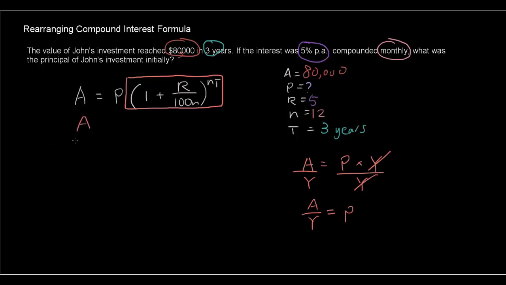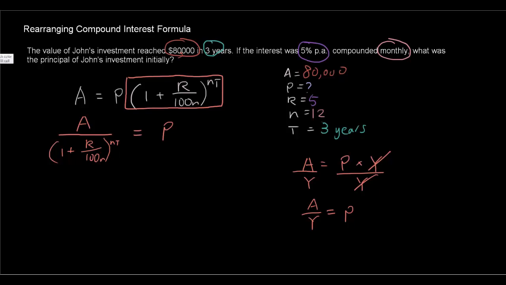So A divided by 1 plus R over 100 in bracket, to the power of NT, is equal to P. So now we can find out what the principal is by substituting these numbers into the equation.